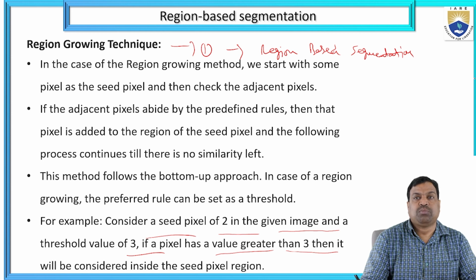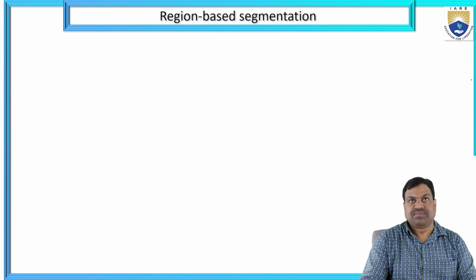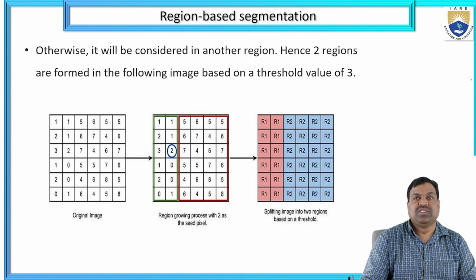The method follows the bottom-up approach, and the rules can be set as a threshold. Taking the example of pixel 2 in a given image and the threshold value 3, if a pixel has a value greater than 3, it is considered inside the seed pixel region. Otherwise it will be considered as another region. Hence, two regions are formed in the following images based on a threshold value of 3.